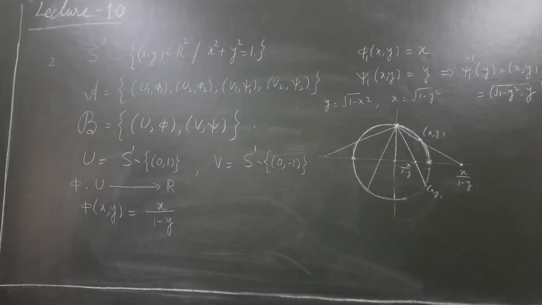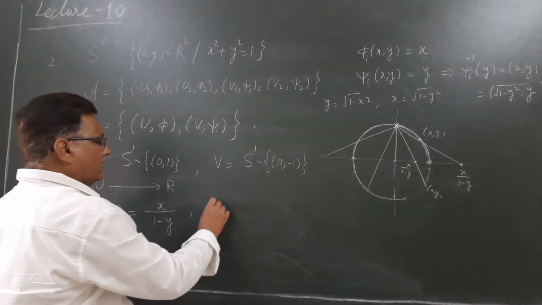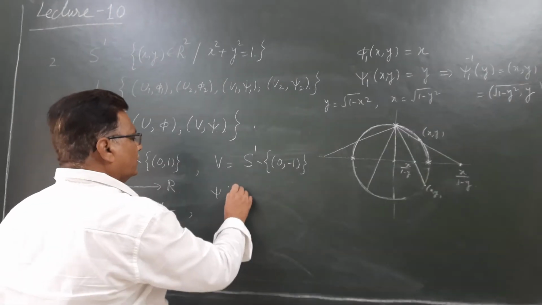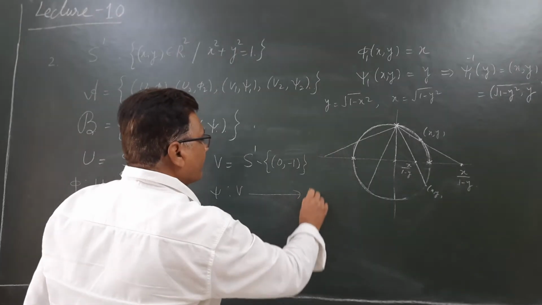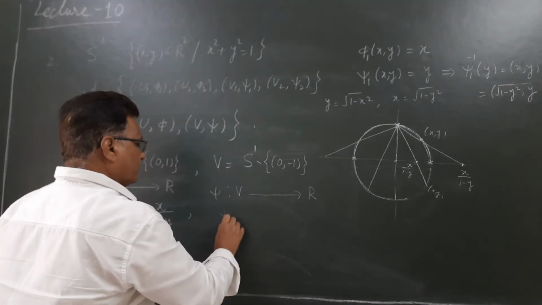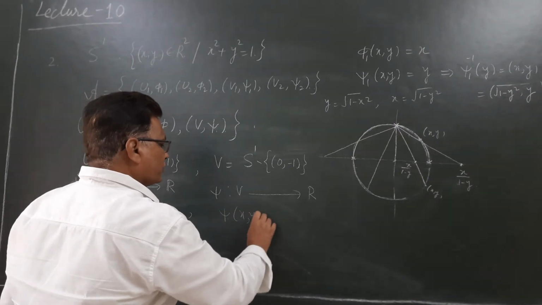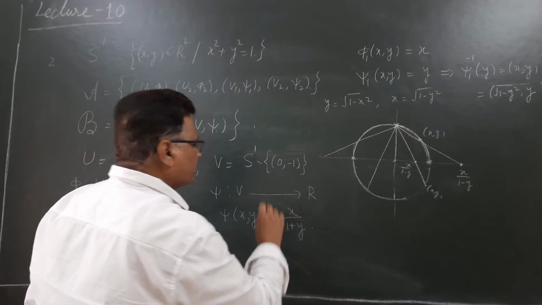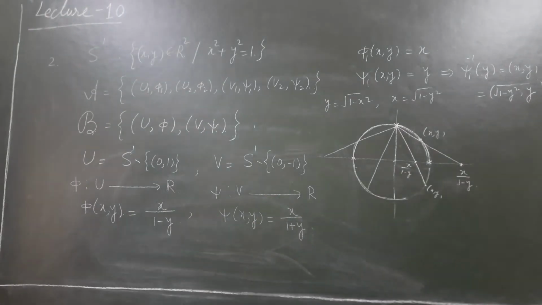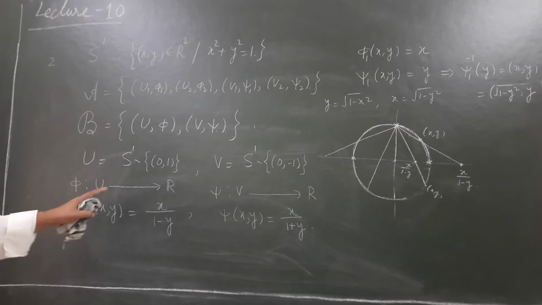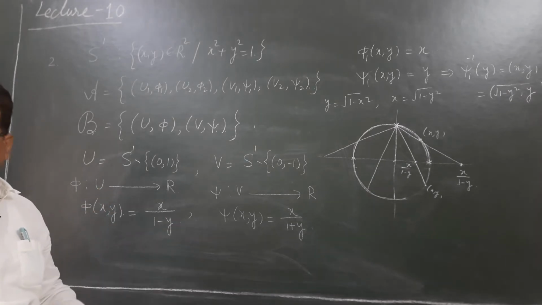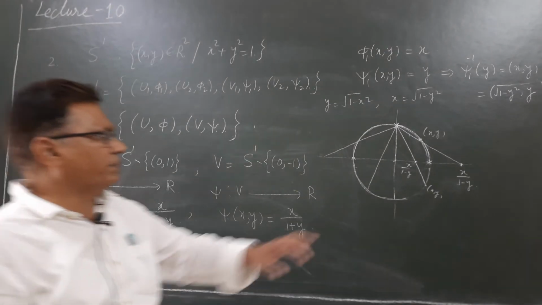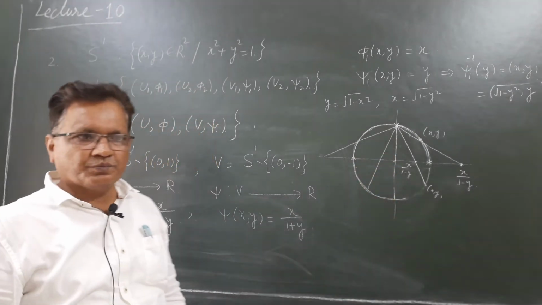Similarly psi is a function from V to R, defined by psi of (x,y) equals x upon 1 plus y. Now the intersection of U and V is the complete circle except the north pole and the south pole.